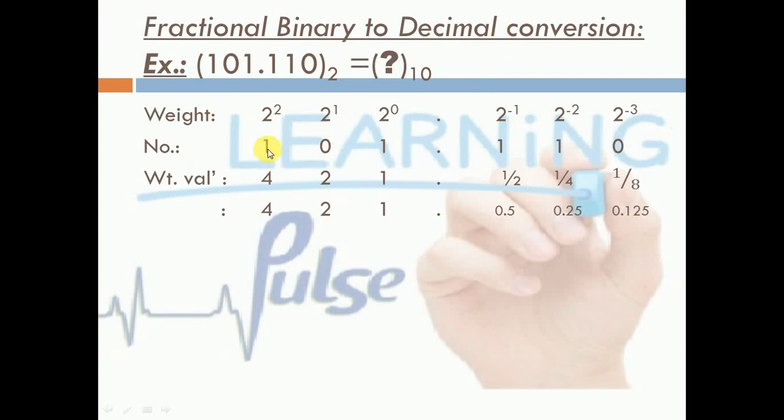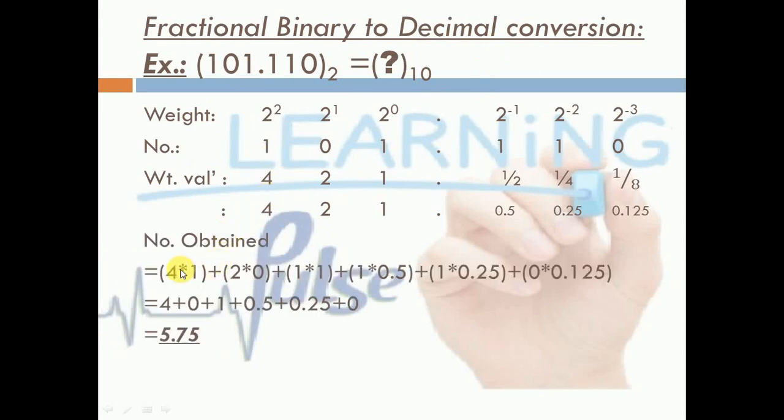Now for obtaining the decimal value of the fractional binary number, we have to just multiply the binary digits with its corresponding weight values. As you can see here, we have multiplied each binary digit with its corresponding weight value. 4 is multiplied by 1, 2 is multiplied by 0, 1 is multiplied by 1, 0.5 is again multiplied by 1, 0.25 is again multiplied by 1, and 0.125 is multiplied by 0.